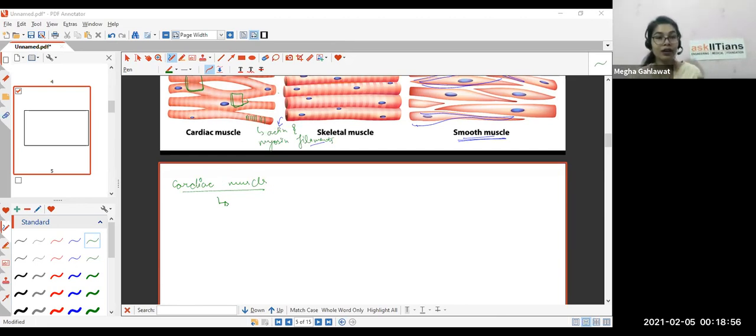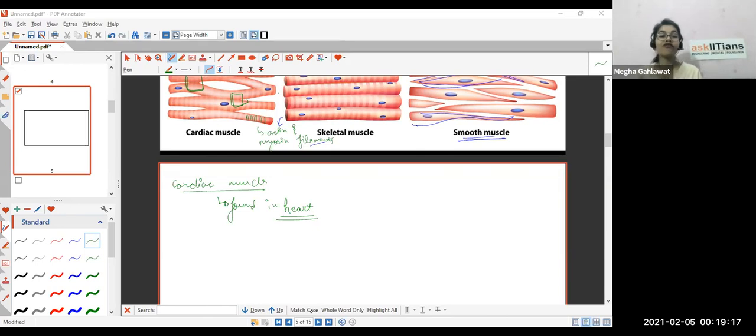These cardiac muscles are found in the heart. Cardiac is related to heart. And where are these found? In the heart.